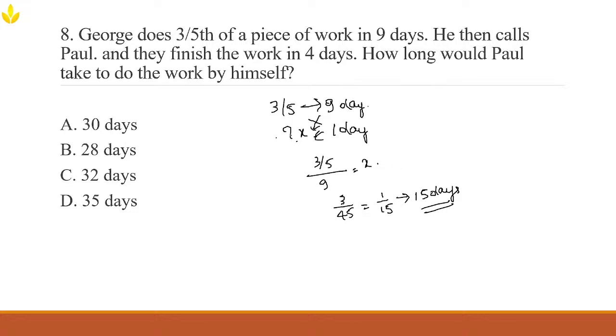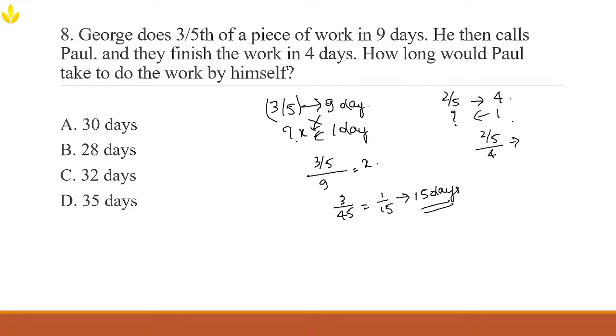So now, the remaining part of the work. Here, 3 by 5th of the work is completed by George. So the remaining part of the work is nothing but 2 by 5 part of the work, that will be completed in 4 days. So in 1 day, if we calculate how much part of the work is done, it gives you 2 by 5 divided by 4.